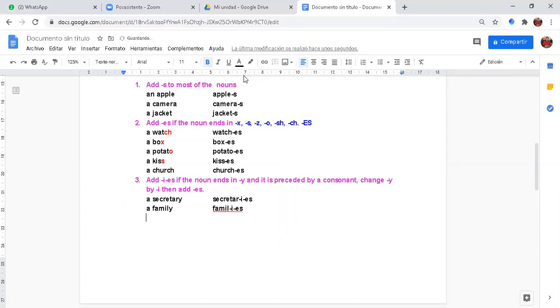Another example, a university, plural, universities.